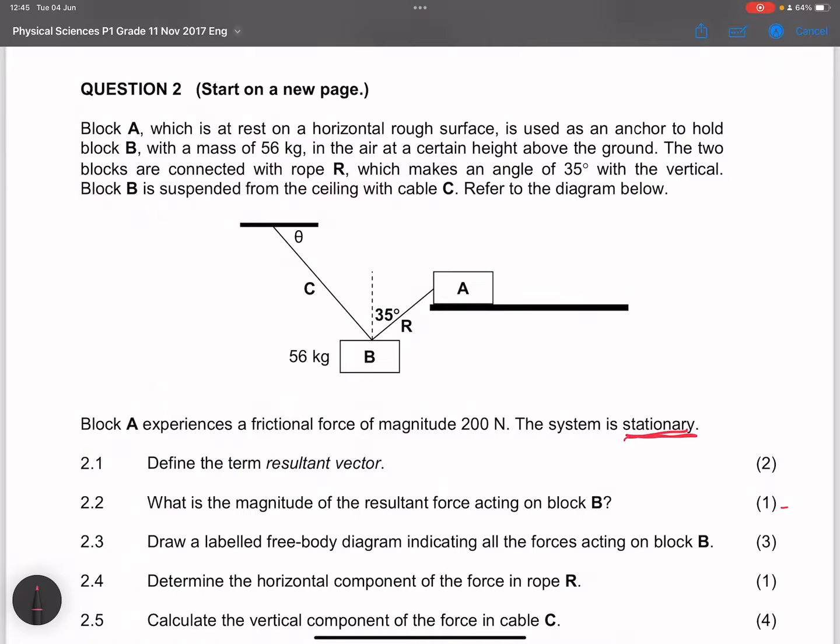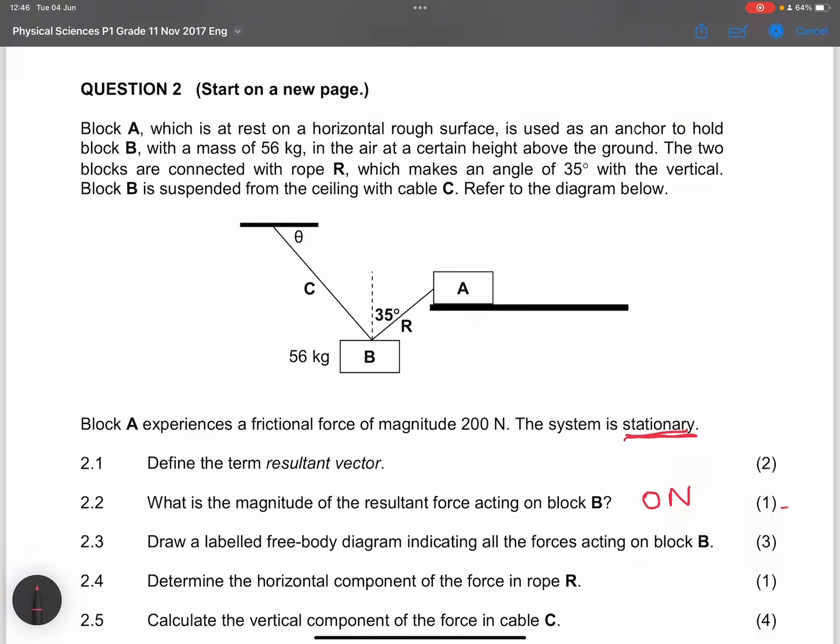Okay, so they say to us in the next one, what is the magnitude of the resultant force acting on block B? So goes without saying, we know that the vector sum of those forces should be 0 newtons.